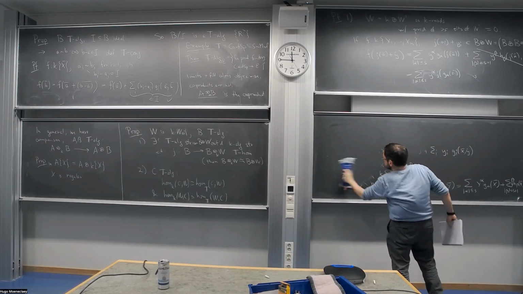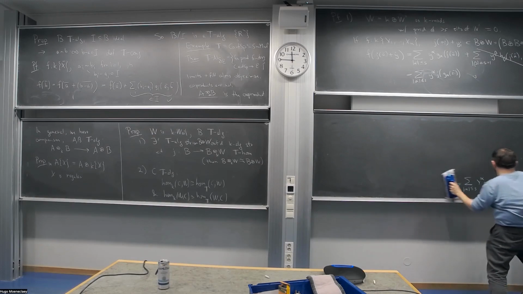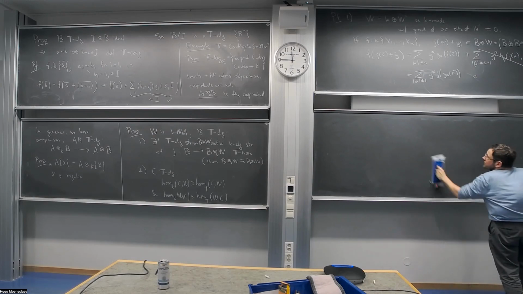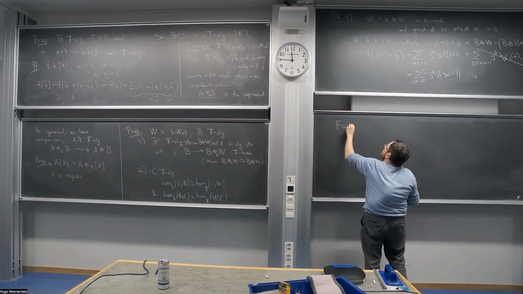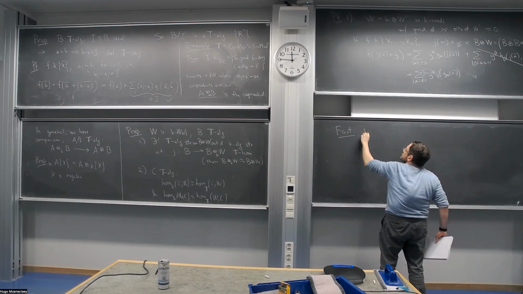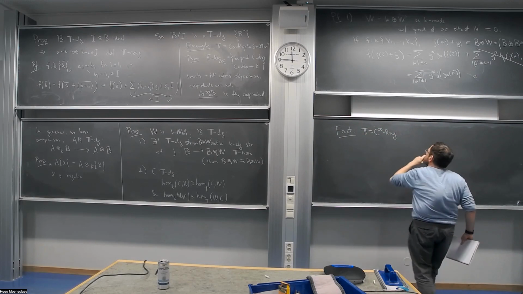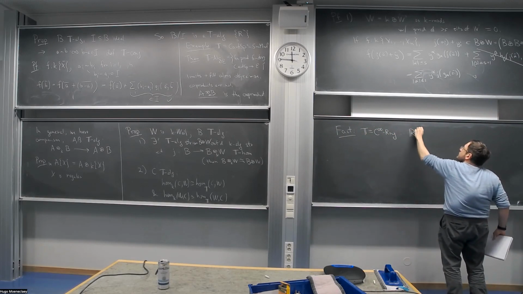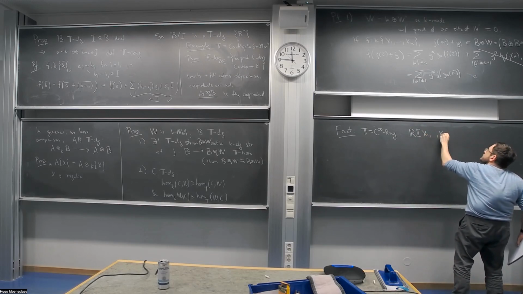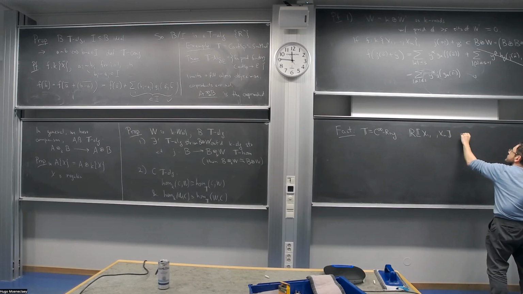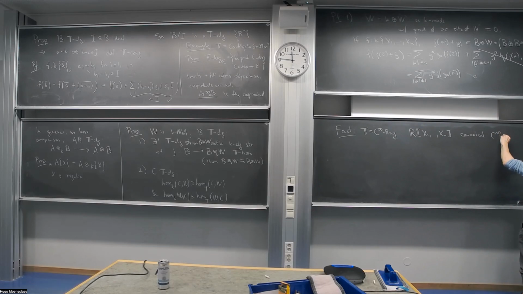In the case of C infinity rings, I should mention that for T equals C infinity rings, power series rings have a canonical C infinity ring structure.